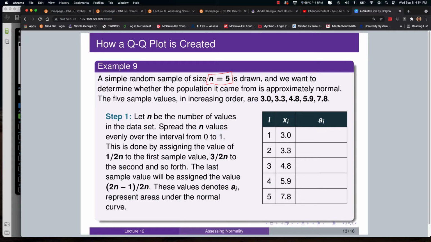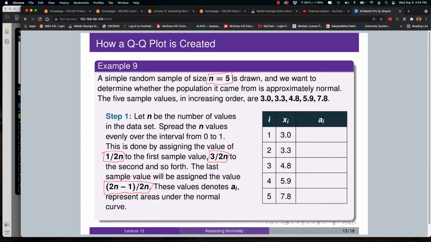All right, so this is done by assigning a value of 1 over 2n to the first sample, then 3 over 2n to the second sample, and then 5 over 2n, and so forth and so on. And the last sample you have should be 2n minus 1 over 2n. All right. So basically the last odd number before you get to your 2n value. Okay. These are denoted a sub i when you do this by hand.